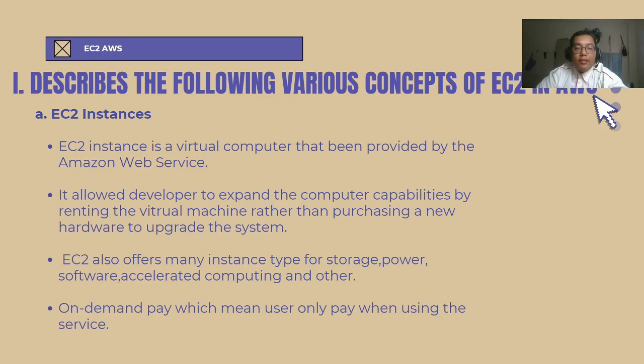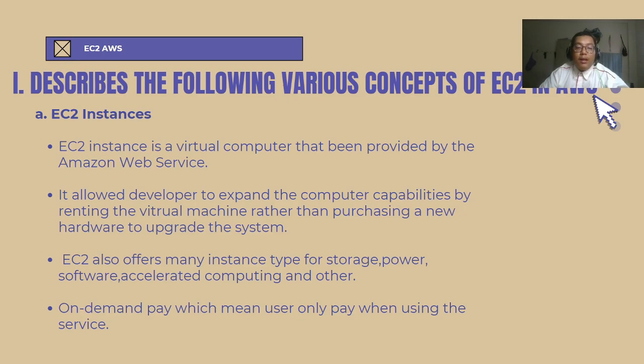Developers don't need to buy new hardware, just use a virtual machine and the system will be fully functional and more advanced. EC2 also offers many instance types of storage, power, software, and others. It is on-demand pay, which means the user only pays when using the service.